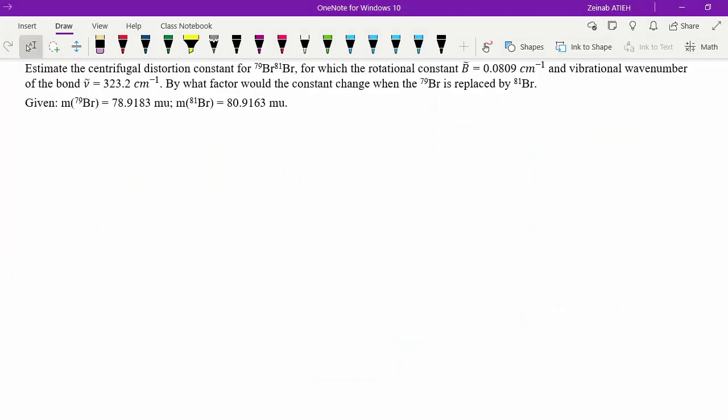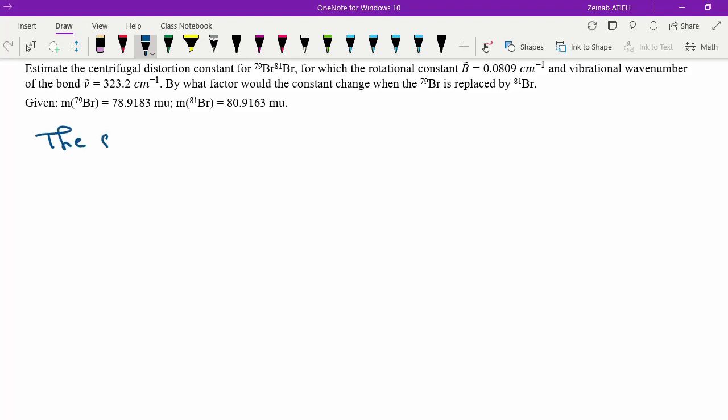Let's move to this exercise. This exercise is an application on the previous one. It's an application on the formula that we have just derived. Estimate the centrifugal distortion constant for Br79 Br81, for which the rotational constant B is equal to 0.0809 cm⁻¹, and the vibrational wave number of the bond is equal to 323.2 cm⁻¹.